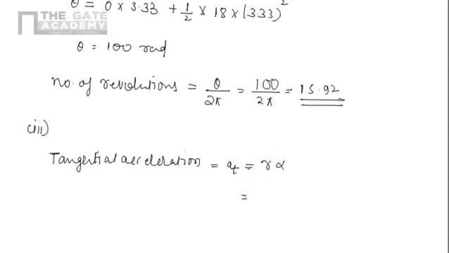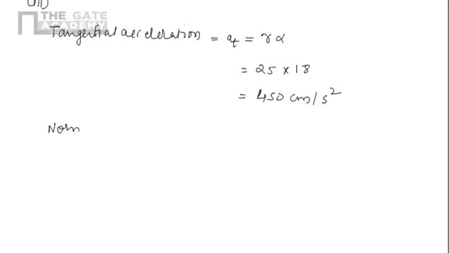We know r is 25 and alpha is 18, so it will come 450 centimeter per second square. Now the normal acceleration is an equals r omega square.